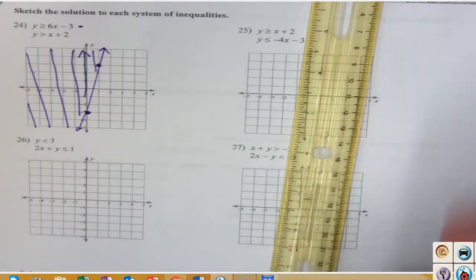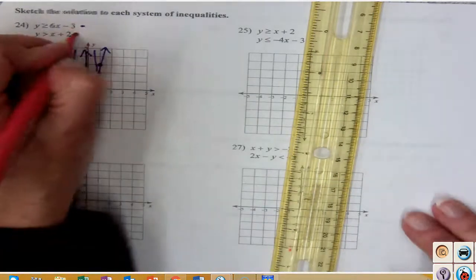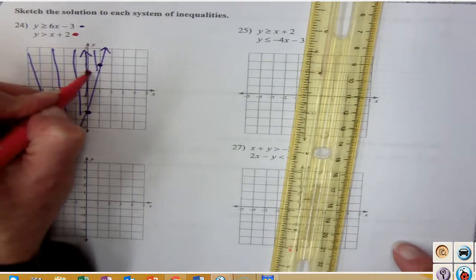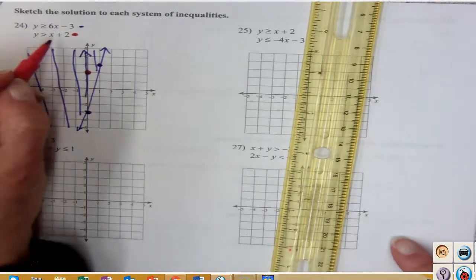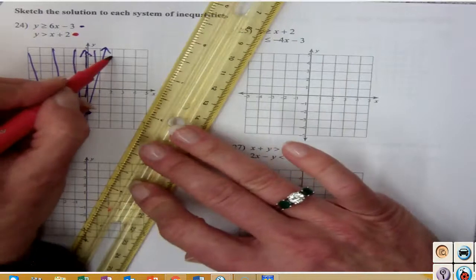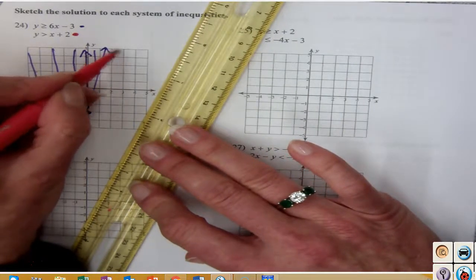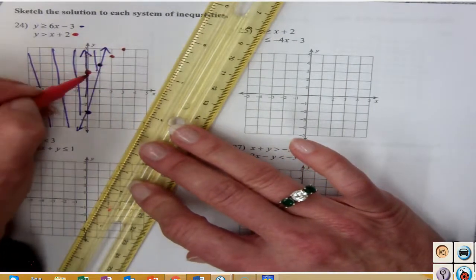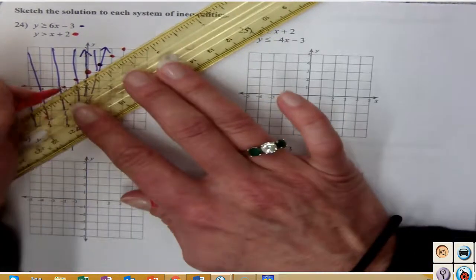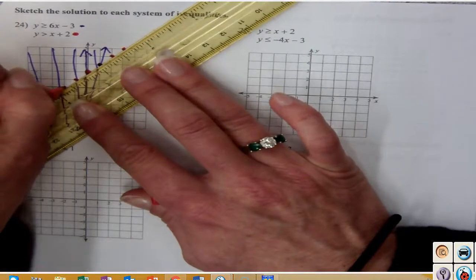My next line I'll do in red, and I'm going to go up to 2, because that's my y-intercept. My slope is 1 over 1, so up 1 and over 1, or down 1 and back 1.